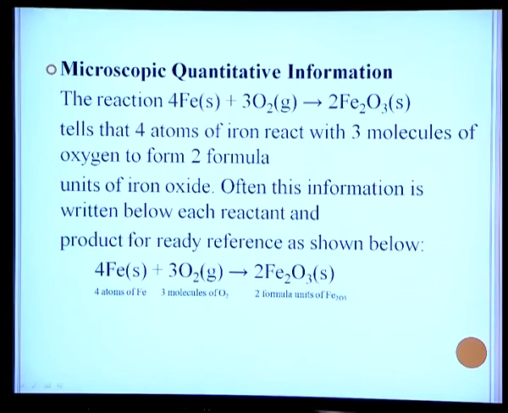Often the information is written below each reactant and product for ready reference as shown here. 4Fe solid plus 3O2 to give 2Fe2O3 solid. So 4 atoms of iron, 3 molecules of oxygen to give 2 formula units of Fe2O3.